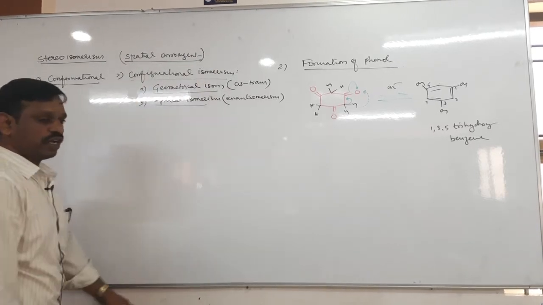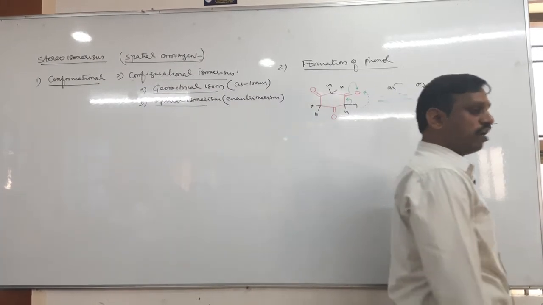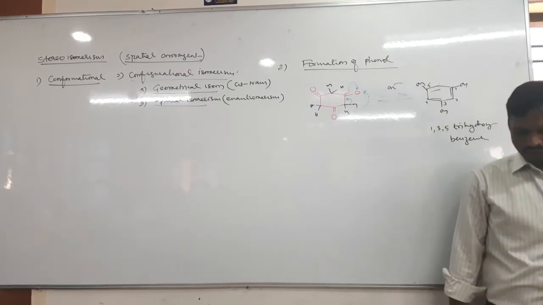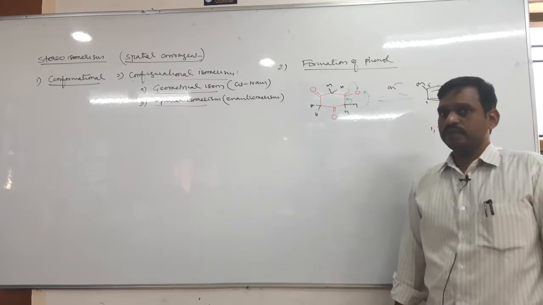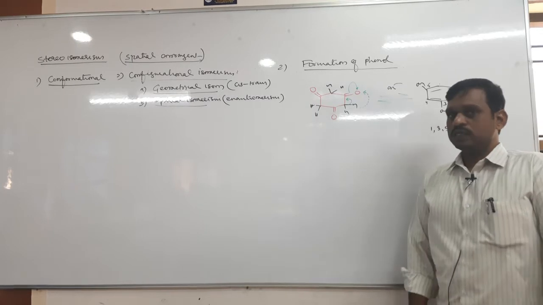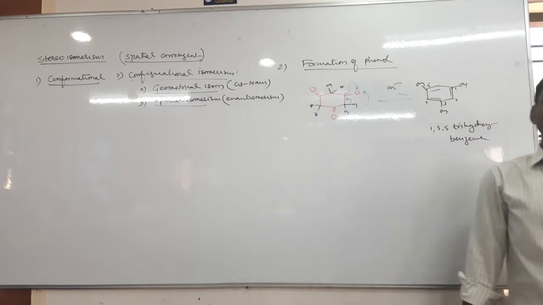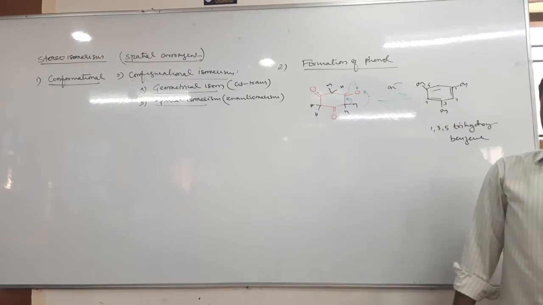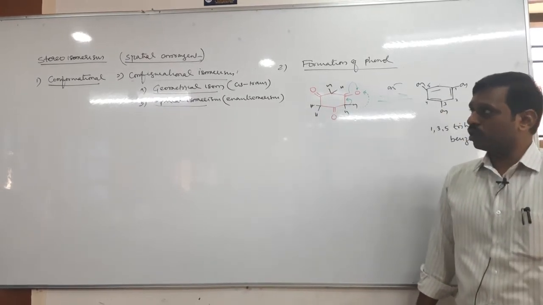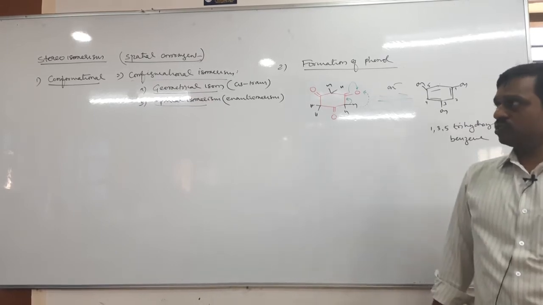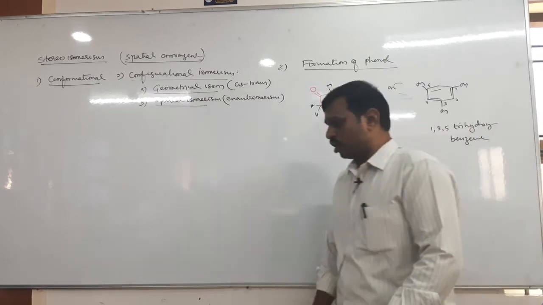The organic compounds which have the same molecular formula but differ in the spatial arrangement of atoms or groups in a molecule are called stereoisomers, and this phenomenon is called stereoisomerism.